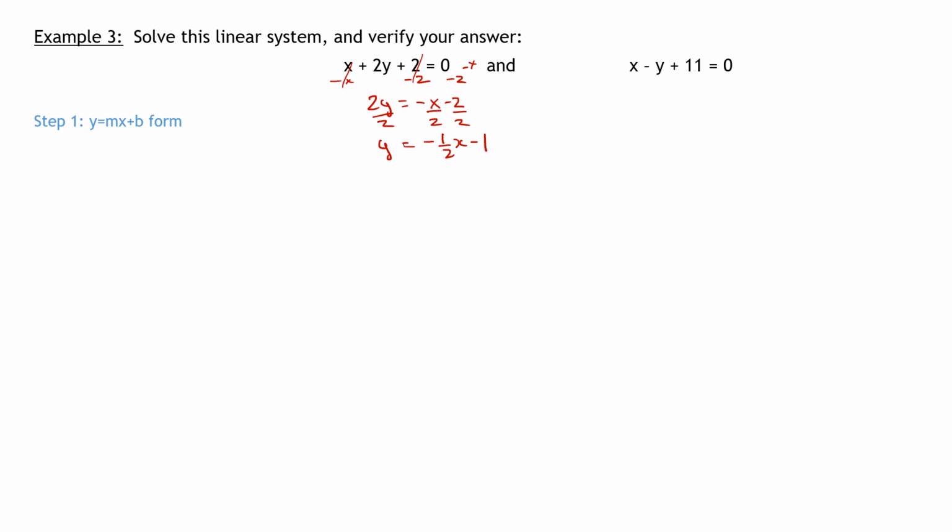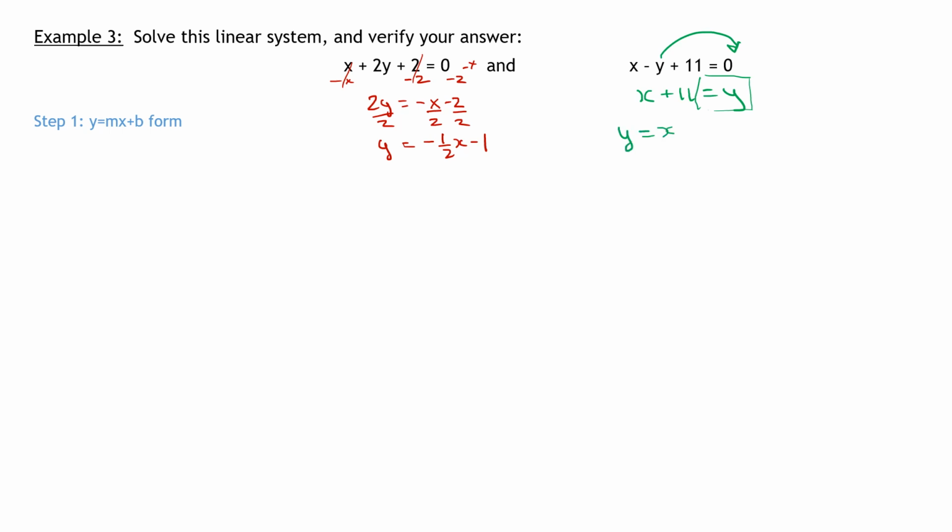That's one equation. Now I'll switch colors, and how about green? This one looks easier if I just bring the y over. If I bring the y over, I'll have x plus 11 equals y. So now y is isolated. It's in y equals mx plus b form. It just doesn't look like it. I can pick up a y and an equal sign and move it, and then I don't have to change any signs.